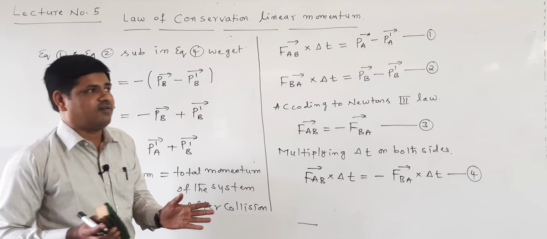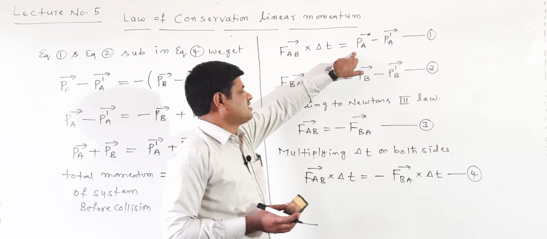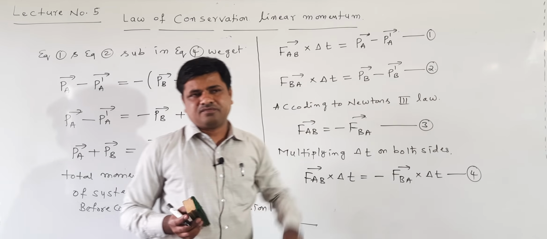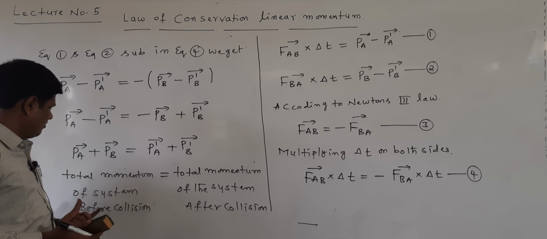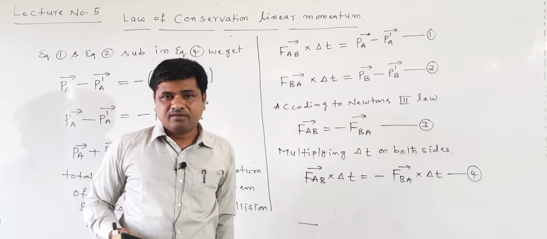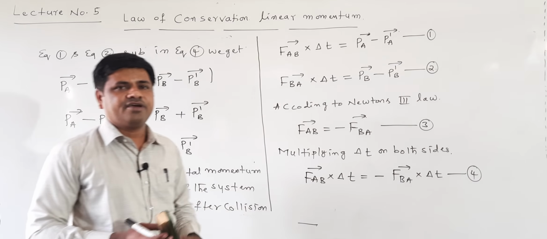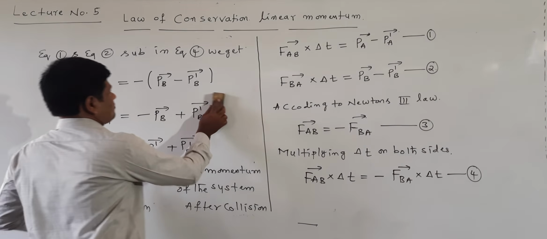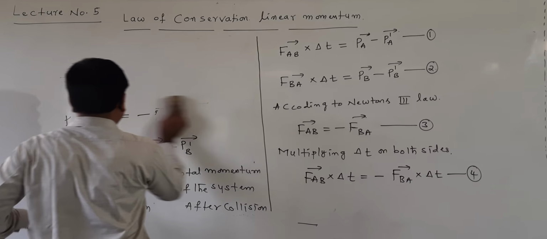Whichever is large, take that first, and the small one next. Finally we get that the total momentum of the system before collision is equal to the total momentum of the system after collision. This is called the law of conservation of linear momentum. This is the proof of the law of conservation of linear momentum.